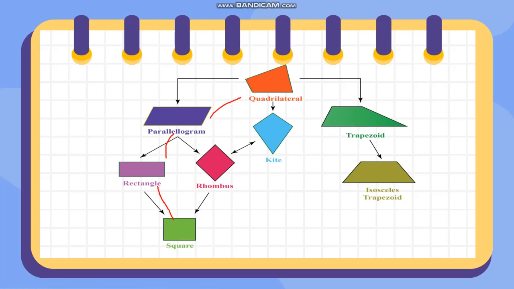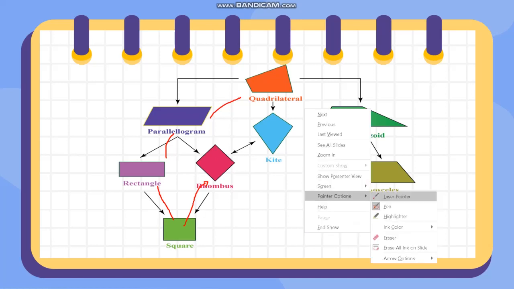Okay? Only the two parallel sides. So, square is also a rhombus. Why? Because rhombus and square have four sides and four angles, that's why they are both quadrilaterals. Rhombus and square have all sides equal. That's why square is a rhombus, but rhombus is not a square.